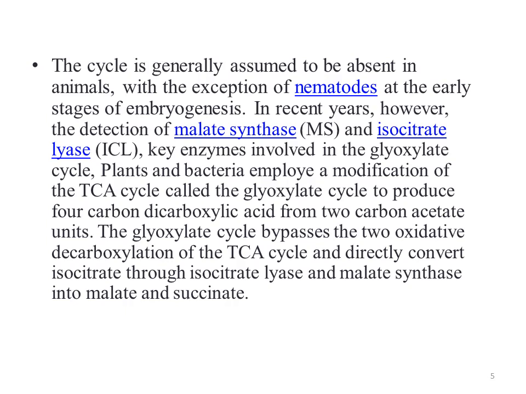Plants and bacteria employ a modification of the TCA cycle called the glyoxylate cycle to produce 4-carbon dicarboxylic acid from 2-carbon acetate units. The glyoxylate cycle bypasses the two oxidative decarboxylations of the TCA cycle and directly converts isocitrate through isocitrate lyase and malate synthase into malate and succinate.